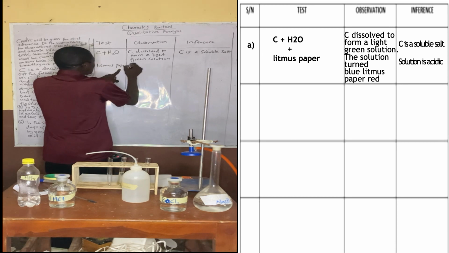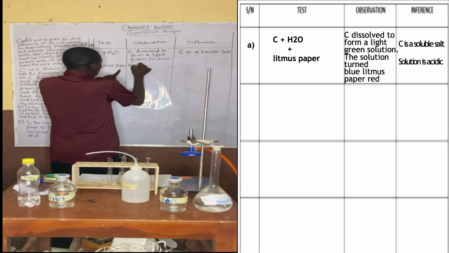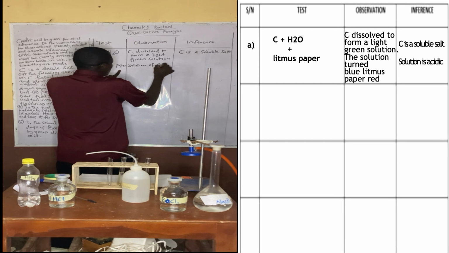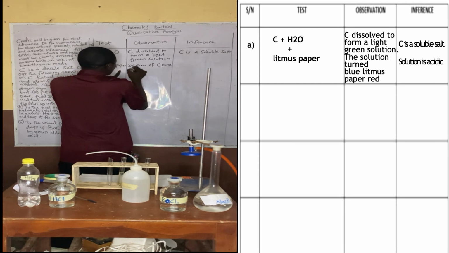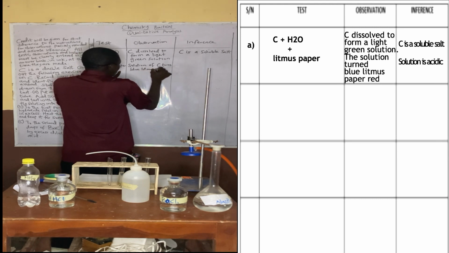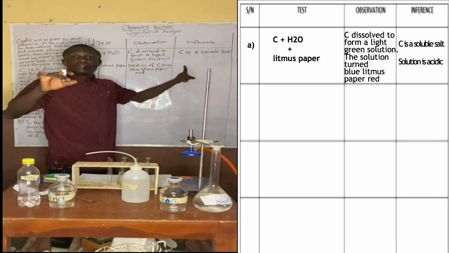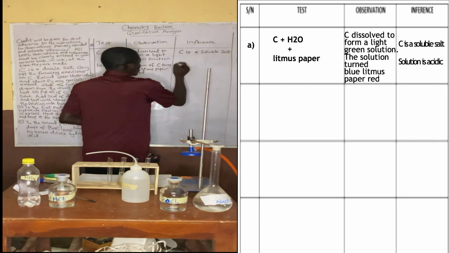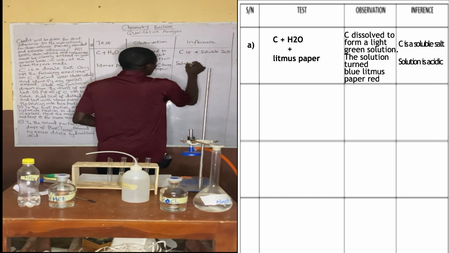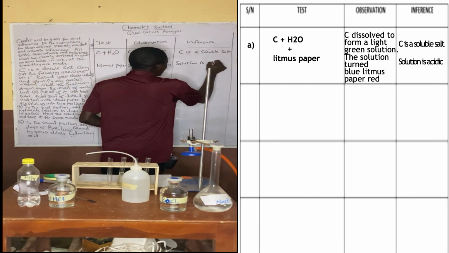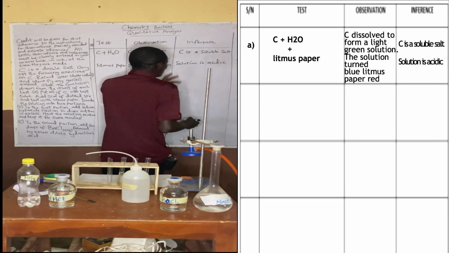The solution of C turns blue litmus paper red, meaning that the solution is acidic. Therefore, the salt is also an acidic salt. So the solution is acidic.